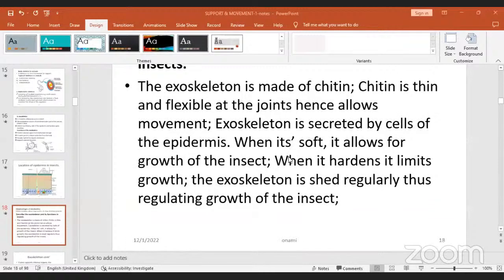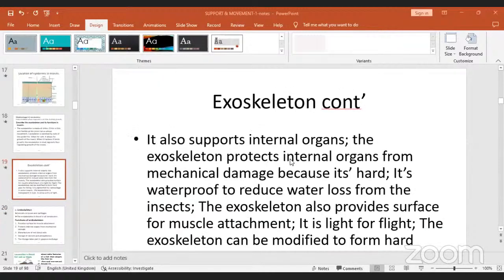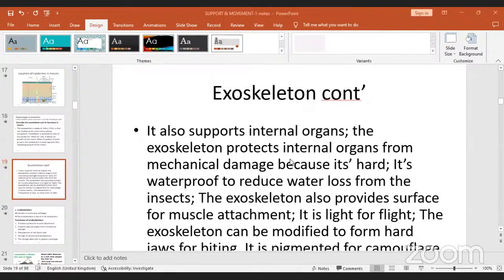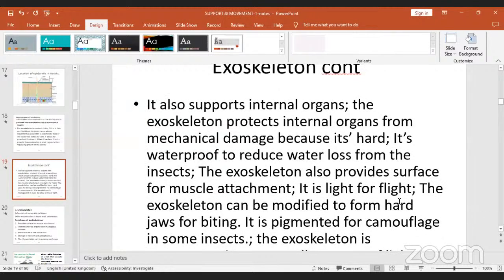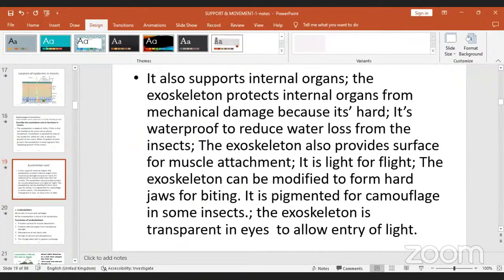Then in some organisms, the chitin has some kind of pigment that enhances camouflage. You look at some stick insects. In the eyes, the chitin is transparent to allow for entry of light so that they're able to see.